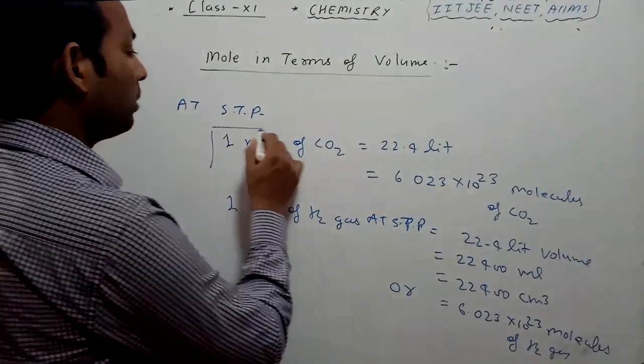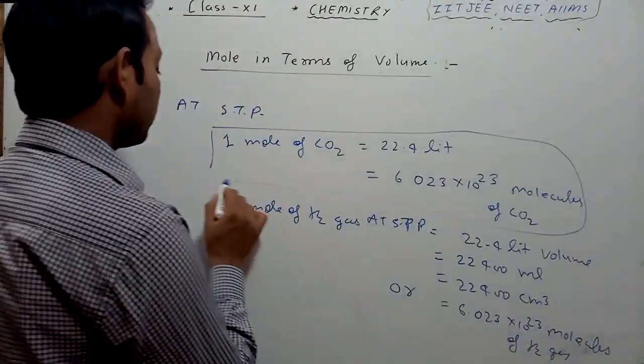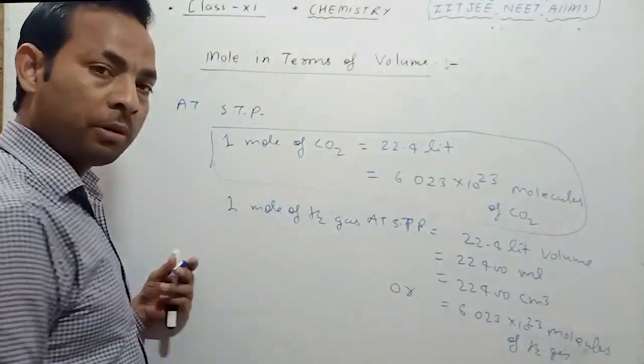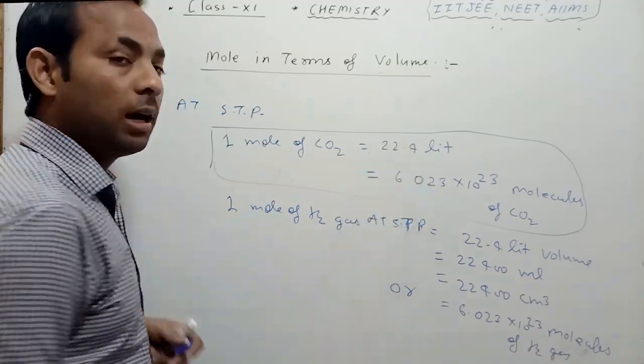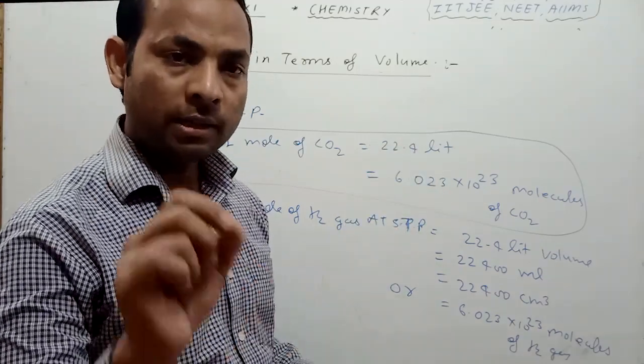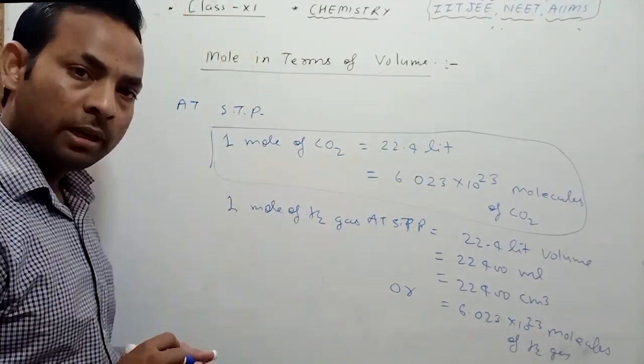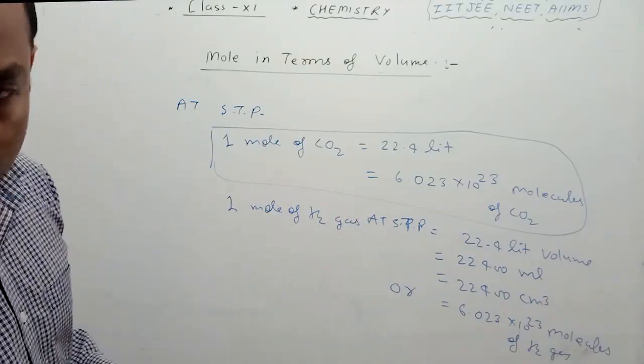So this value is always fixed. This is also called Avogadro number. This volume is called molar volume at STP. Clear? Okay, please take a screenshot.